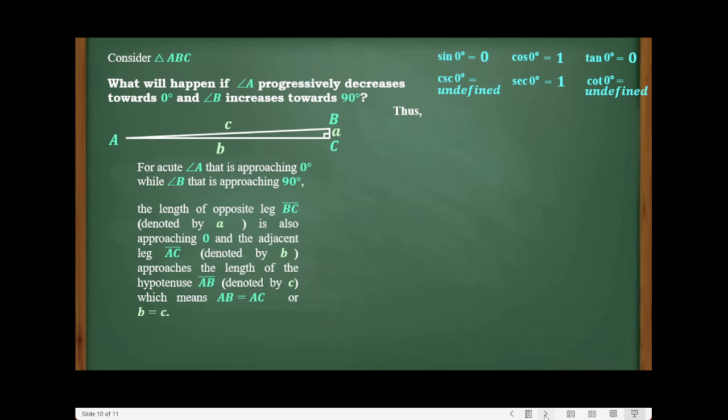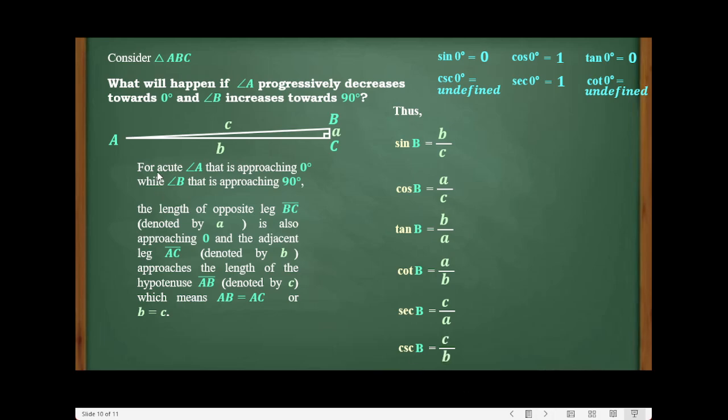So sine B is equal to B over C. Cosine B is equal to A over C. Tangent of B is equal to B over A. Cotangent of B is equal to A over B. Secant of B is equal to C over A. And finally, cosecant of B is equal to C over B.